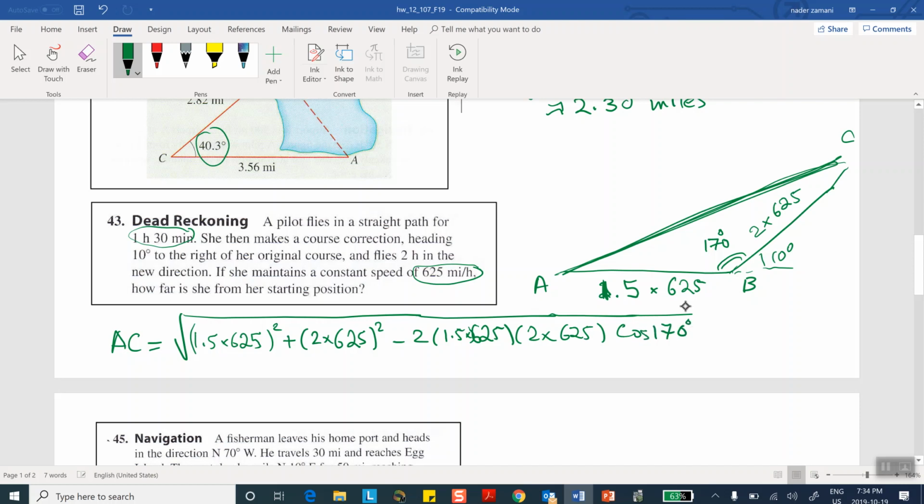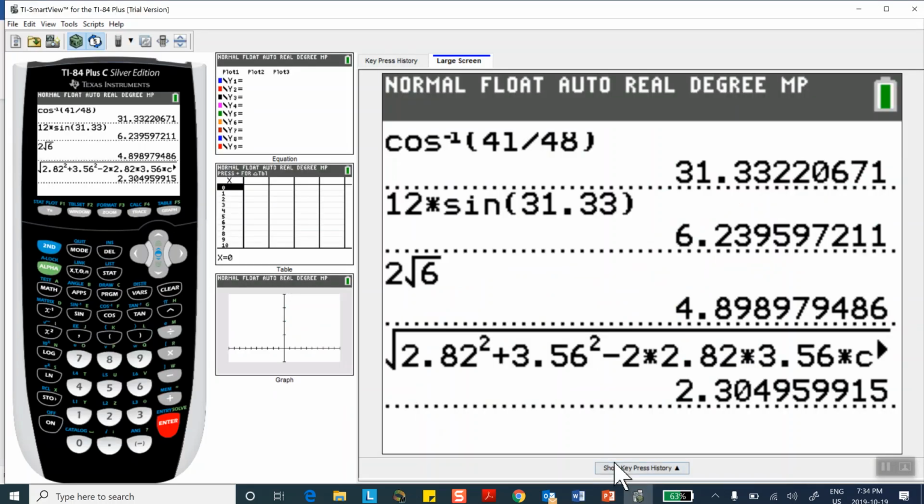Okay, let's put this in the calculator. We need the second function, square root.